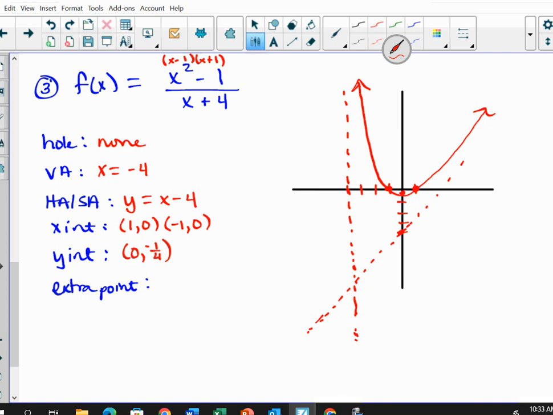So I'm going to use one extra point. What should I plug in? -5. Okay, so that's 25 minus 1, which is 24, over -1. So -5 gives -24, somewhere way down here. I'm not putting 24 tick marks, but it gives you the idea of where this piece of the graph is, and then it just follows the asymptotes. If you didn't leave much room for yourself, you probably couldn't graph the bottom part of it.